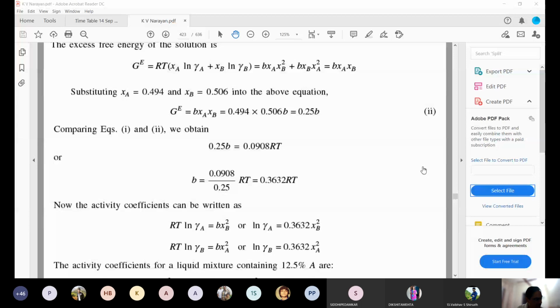Yes, Vaibhav, what is the total pressure? 25.511. Okay, good. So calculate partial pressure of component A, partial pressure of component B, and add it. That should give us the total pressure of the system.